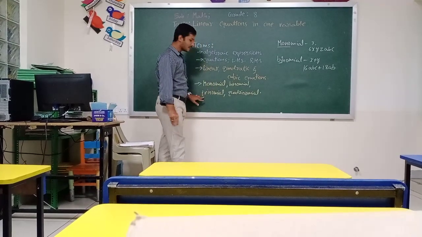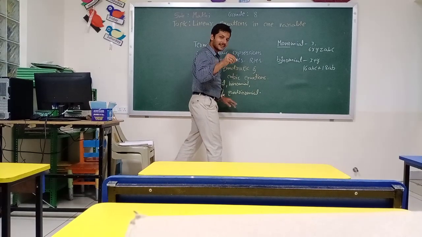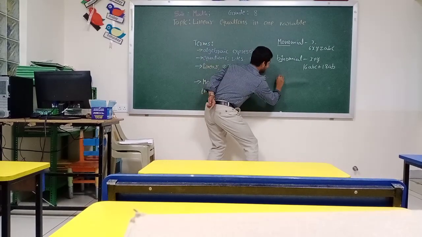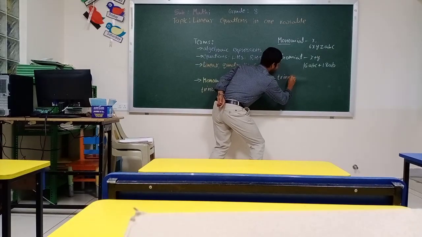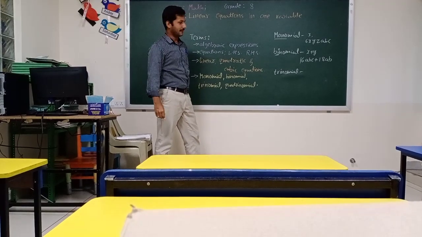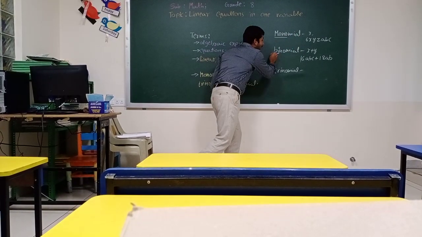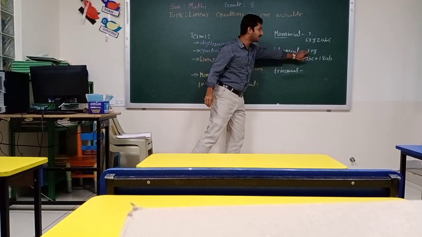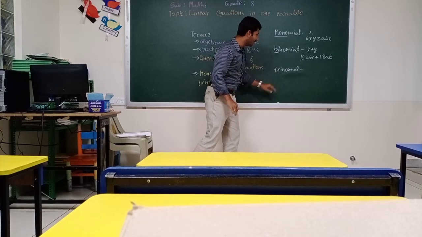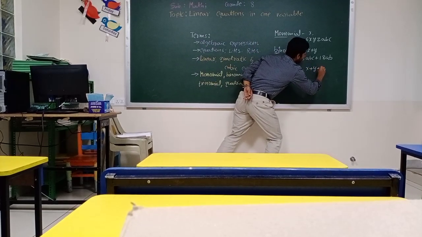Next one is trinomial. In monomial we had one term. In binomial we had two terms. In trinomial we have three terms. Let it be x plus y plus z.